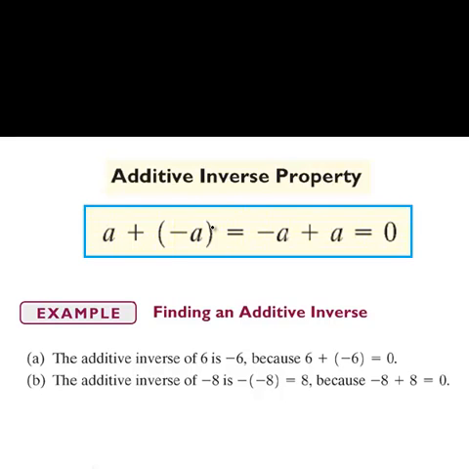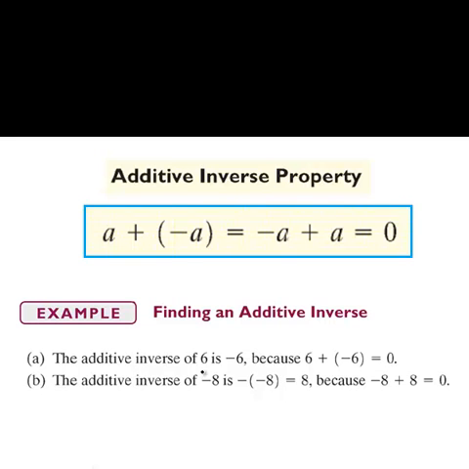But if you take the negative of negative 6, that's going to give you positive 6. All right, the additive inverse of 6 is negative 6. How do you know that you've got the additive inverse of a number? Well, when you add the number plus its additive inverse, you get 0, which is the additive identity.